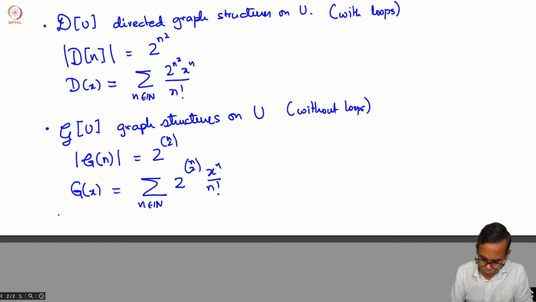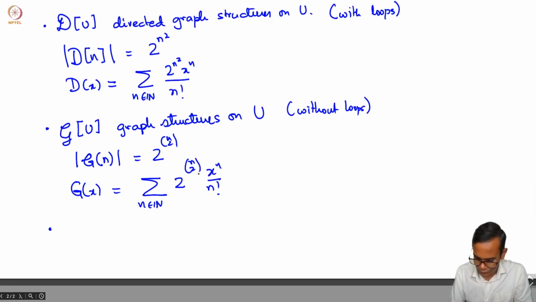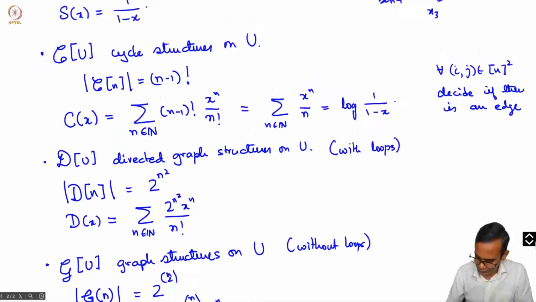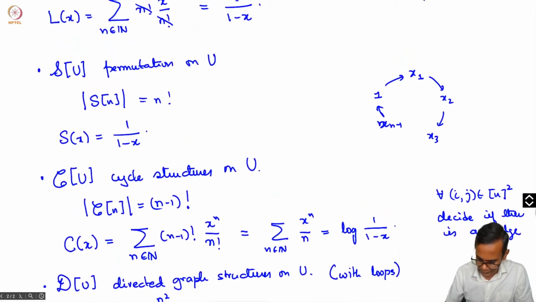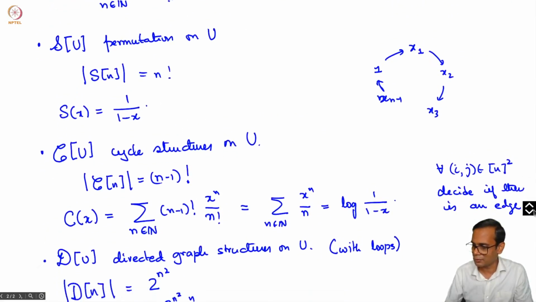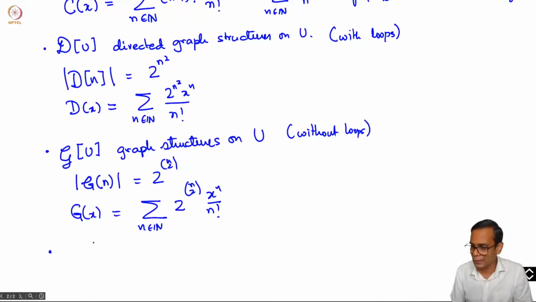Okay, so these two don't really have very nice functions associated to them, whereas these S(x), L(x), and C(x) actually have nice functions associated to them. Let's look at another one which is quite simple but has nice functions associated to it.